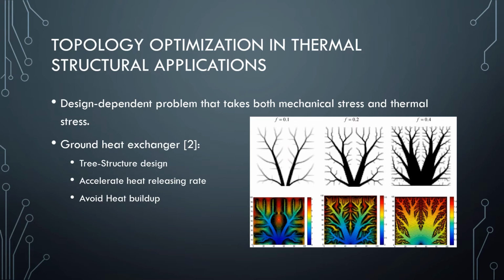For example, a topology optimization design for an effective ground heat exchanger was used, and it was concluded that the tree structure design is an effective channel to accelerate the heat releasing rate and improve the thermal performance, which provides a new way to design ground heat exchangers and other heat sinks to avoid heat buildup.